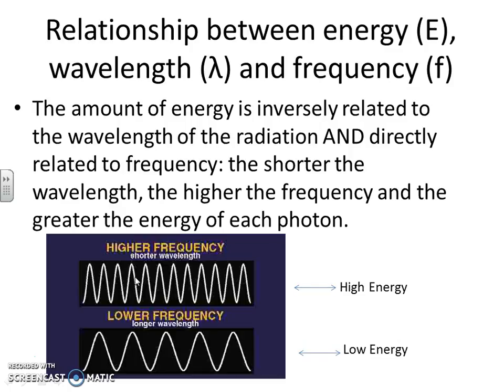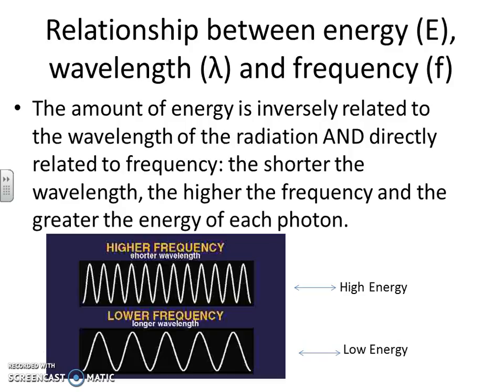So high frequency, but the wavelength is really short. These crests are really close together. Low frequency, longer wavelength. These crests are further apart. So high energy, low energy. The closer your waves are together, the higher the energy will be.